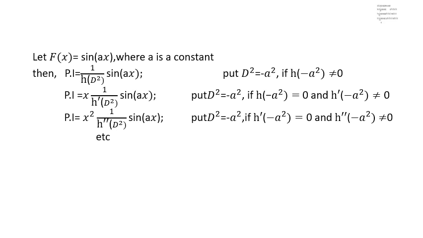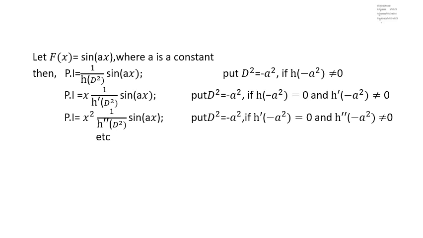Suppose the denominator is 0 when D² is equal to minus a², we must write another equivalent formula, that is PI is equal to 1 divided by h double dash of D², in the numerator write x square, on the right-hand side sin ax or cos ax.